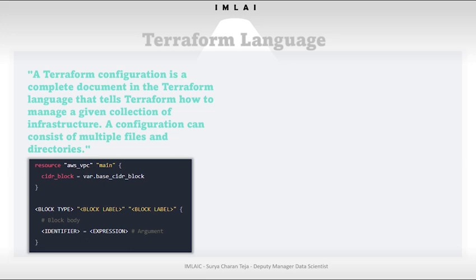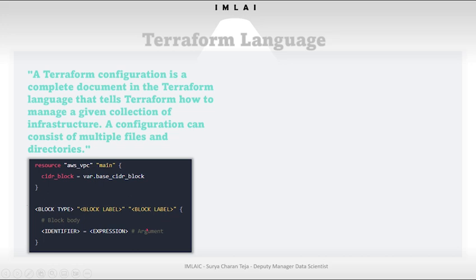You can see on the screen on the left side an image with the three basic elements. It begins with a block type, and then arguments, and then expression. That's it. Here the block type, then a block label, then another block label, and then the block opens. This is the same example which is written on top as a Terraform configuration language.